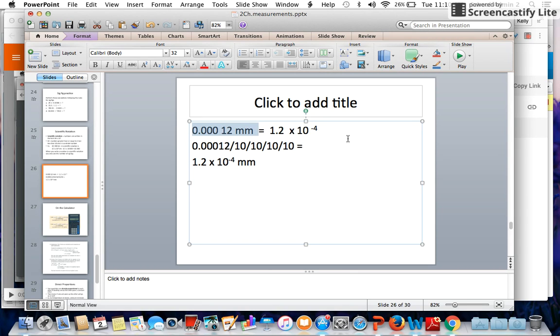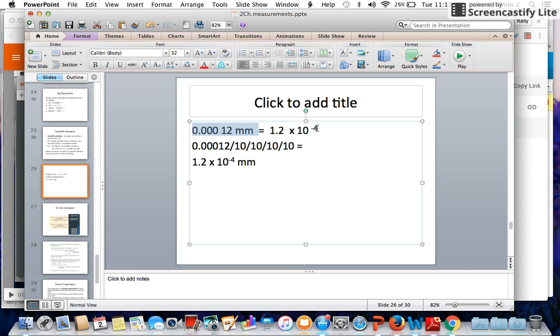So negative exponent means that you divide it by 10, even though there's still a multiplication sign here. That's how scientific notation is set up. But the negative indicates that you divide it by 10, however many times that exponent is. So that is what you use for negative exponents.